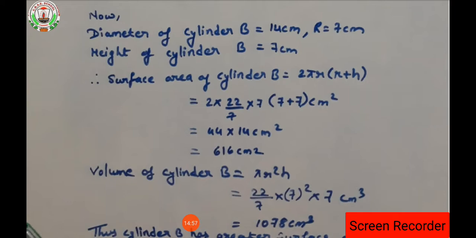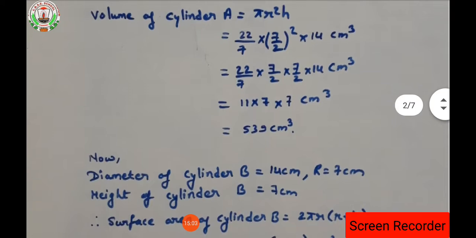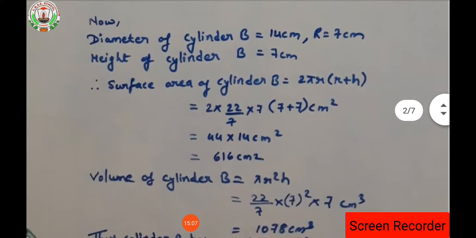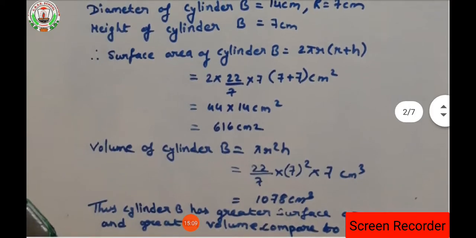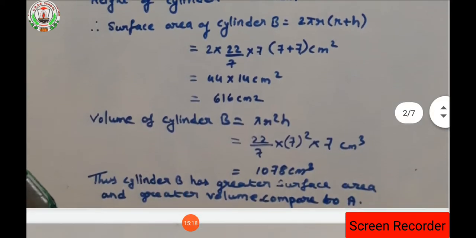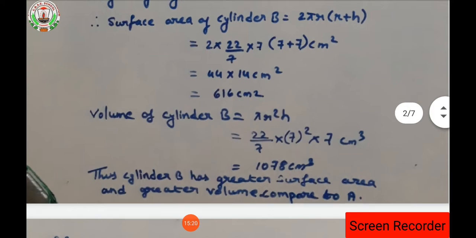Obviously the surface area of cylinder B is greater than the surface area of cylinder A. In the same way, volume of cylinder A is 539 centimeters cube, while the volume of cylinder B is 1078 centimeter cube. So whose volume is greater? Again the volume of cylinder B is greater than the volume of cylinder A.